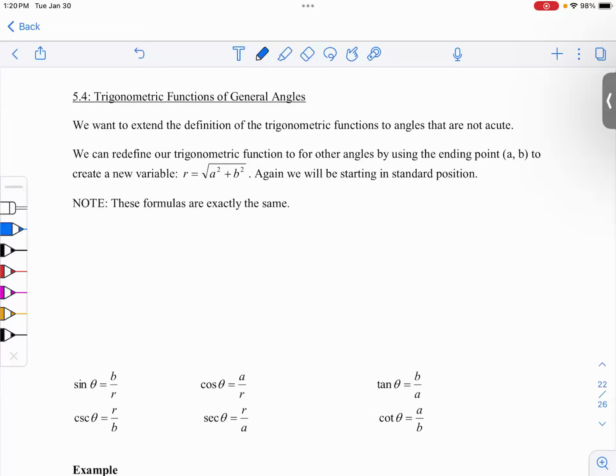So instead of calling that C, I'm going to call that R. We can generalize this to any point A comma B in the universe, where this distance out to that point is always what we are titling as R, AKA radius. And this is how that circle is drawn. That is the unit circle.